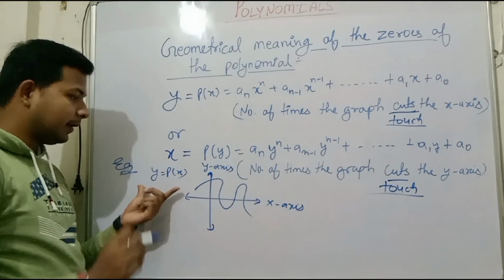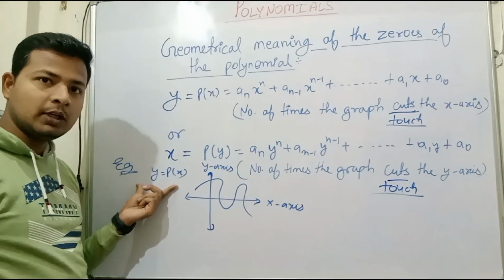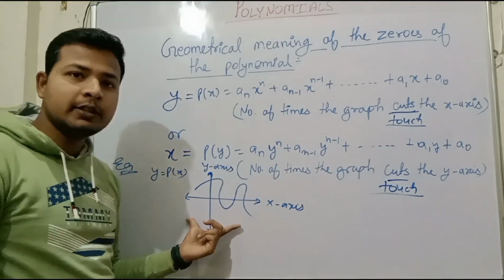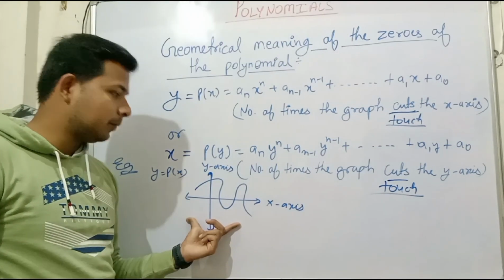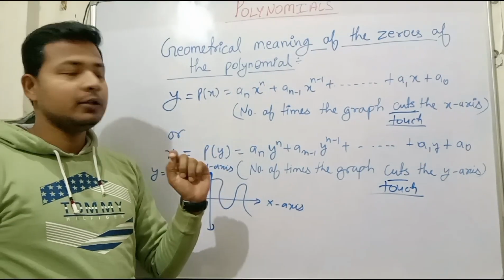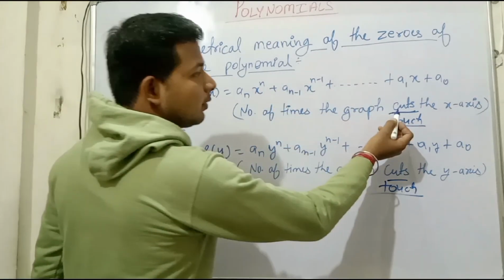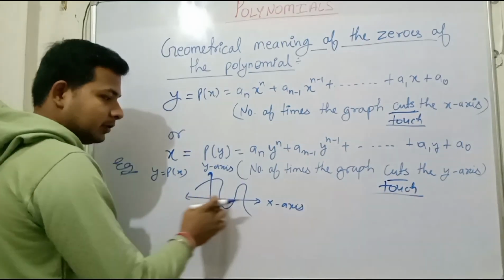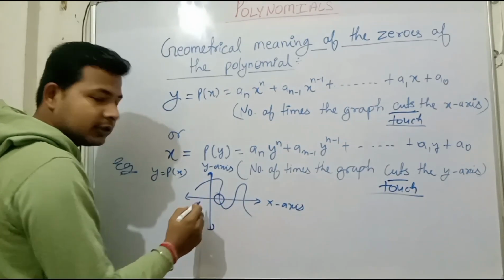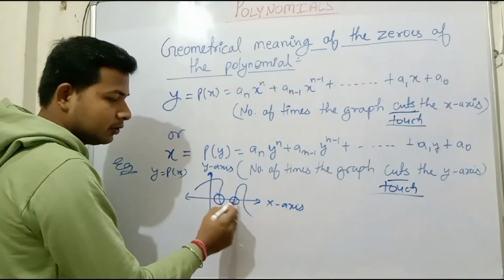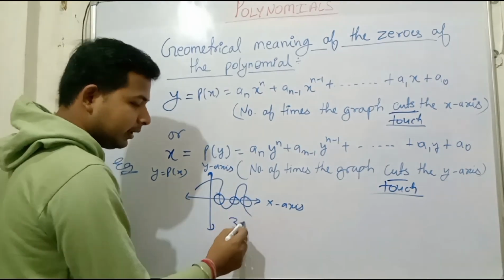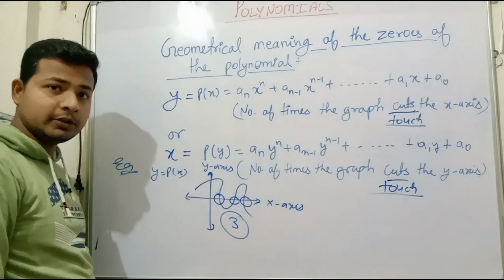This is an example. y equals p(x) is the form of the polynomial, and this is the graph of that polynomial. Now the question is, how many zeros will you find in this case? So what I have said, the number of times it cuts the x-axis. This one is the x-axis. Here it cuts the x-axis, here also and here also. There will be 3 zeros.